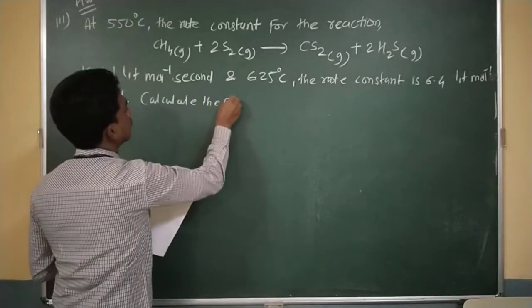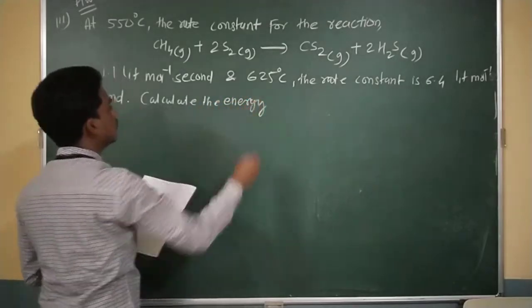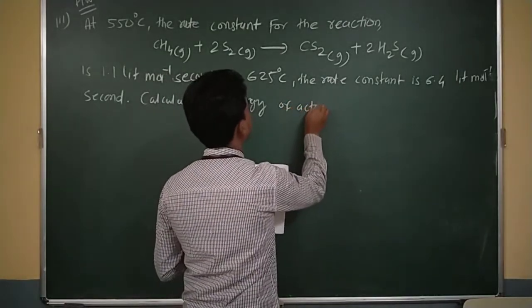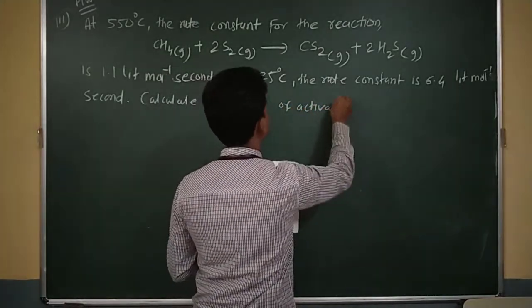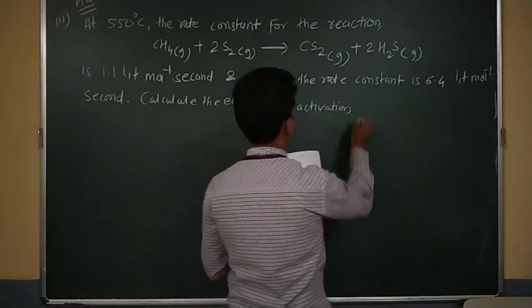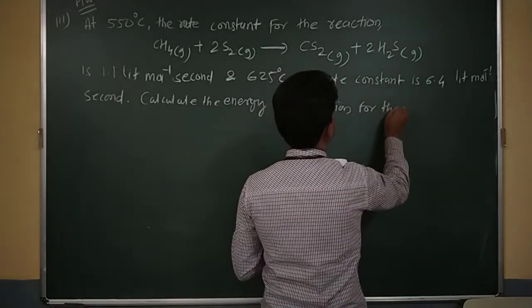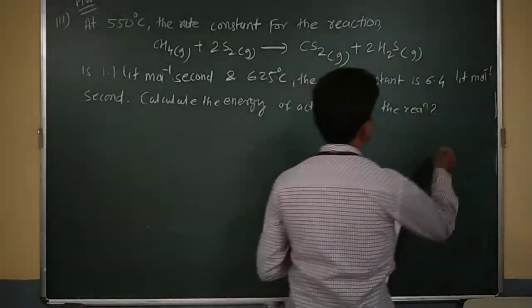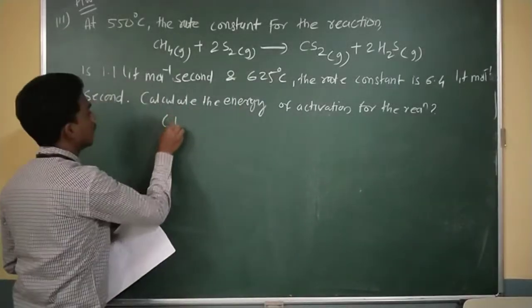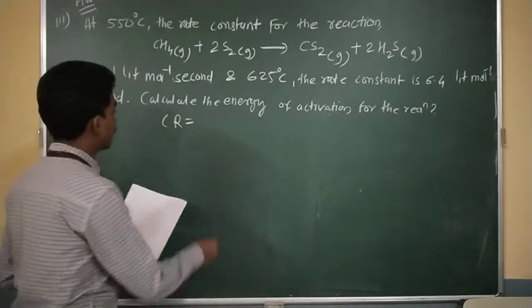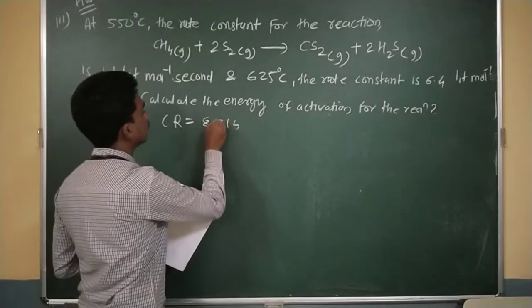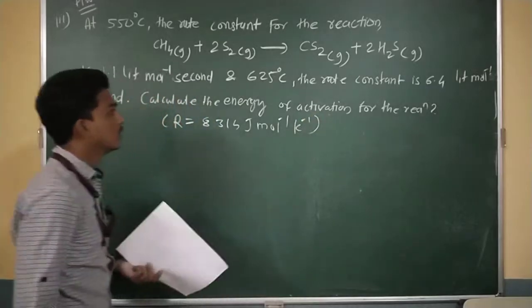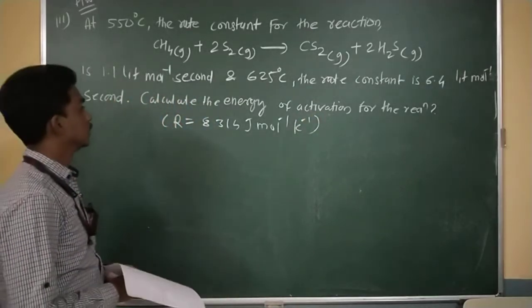the energy of activation for the reaction. The R value is given here: 8.314 joule per mole per K. This is the value of R given here.